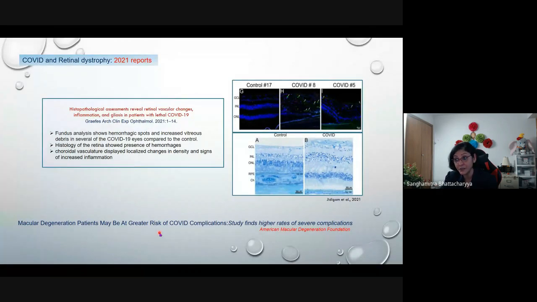So it is interesting and definitely important to go into further research on how to connect retinal problems, RPE problems, and moreover visual problems with COVID infection.